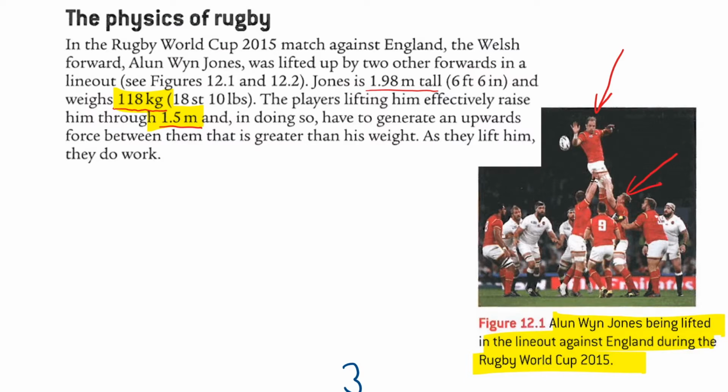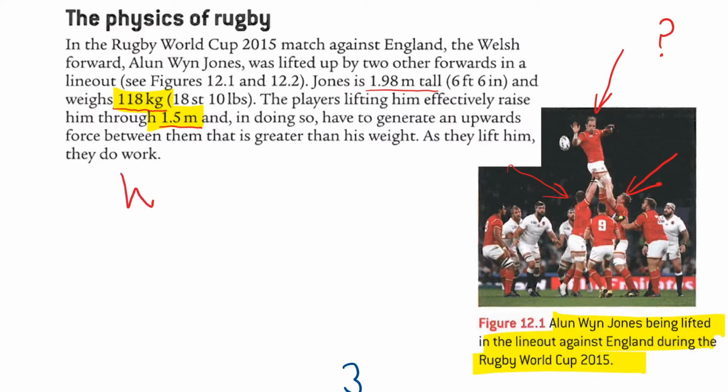It looks like Bradley Davies to me, and possibly Dan Lydiate, difficult to tell. How much energy it takes to lift Alun Wyn Jones that far off the ground. And the good news, of course, is Wales won the game.